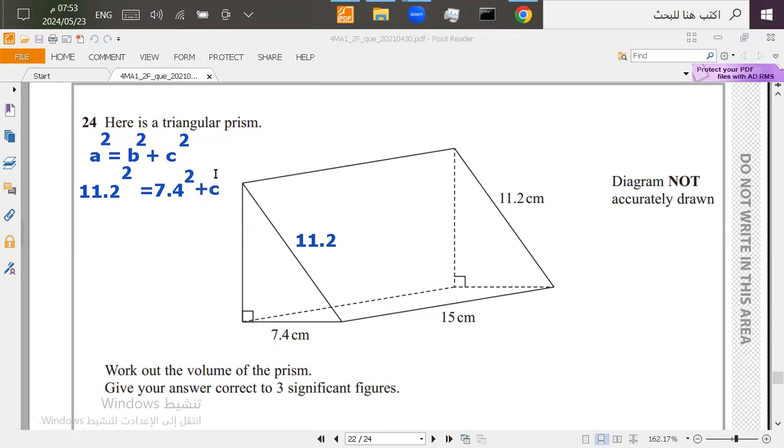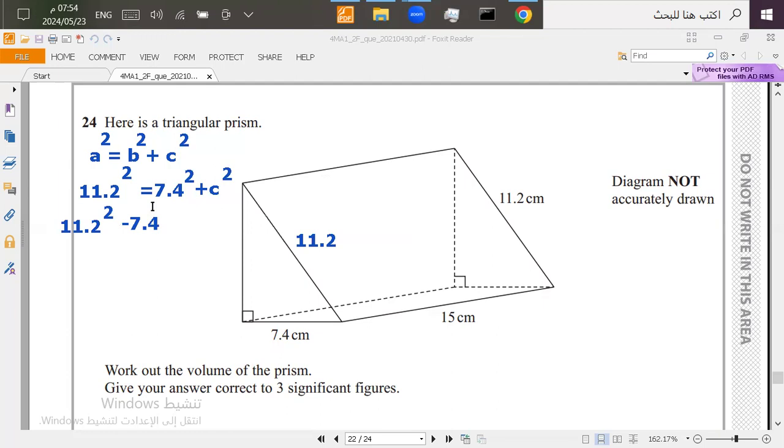Plus c squared. Now we're trying to find c squared, which is this line. So I'm going to take this to the other side by subtraction. So 11.2 squared, like this, minus 7.4 squared.